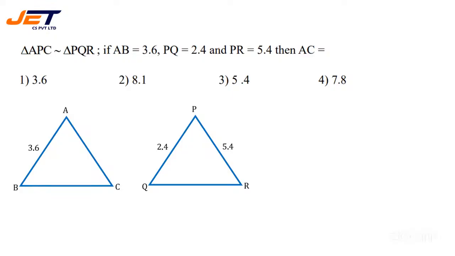Triangle ABC is similar to triangle PQR. If AB is equal to 3.6, PQ is equal to 2.4, PR is 5.4, then what is AC?